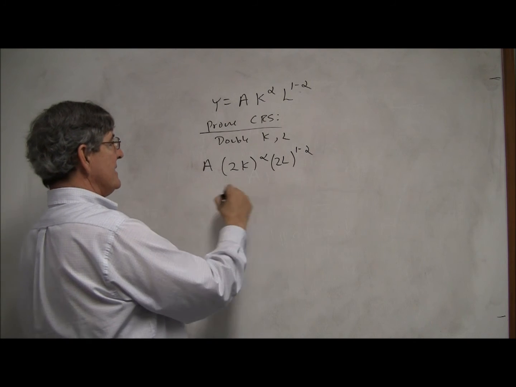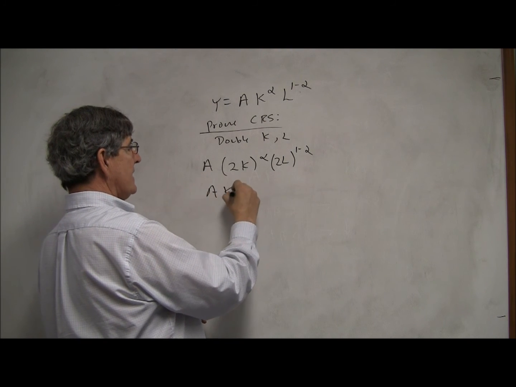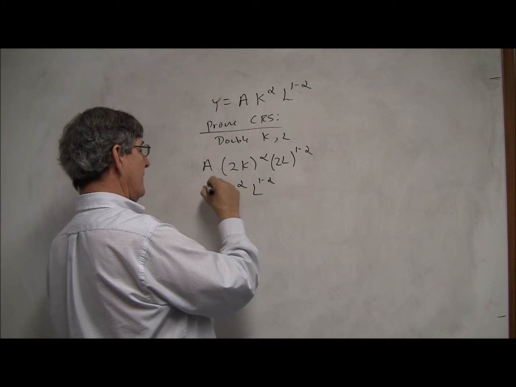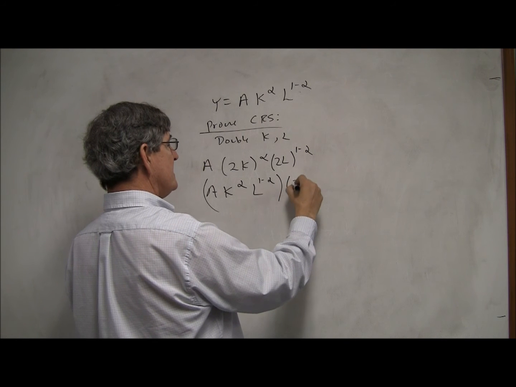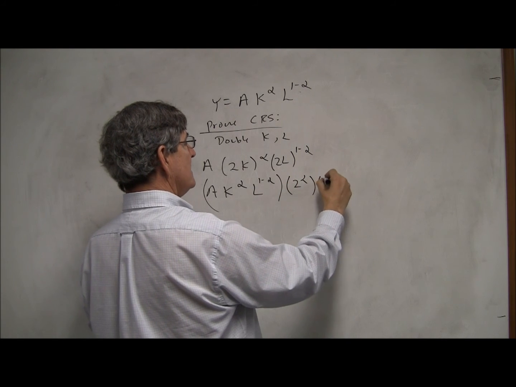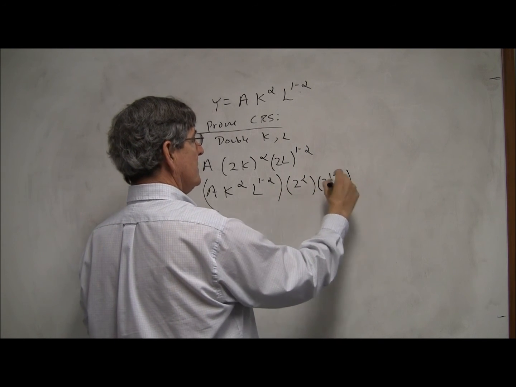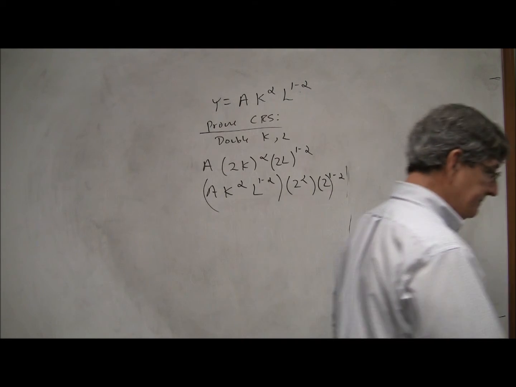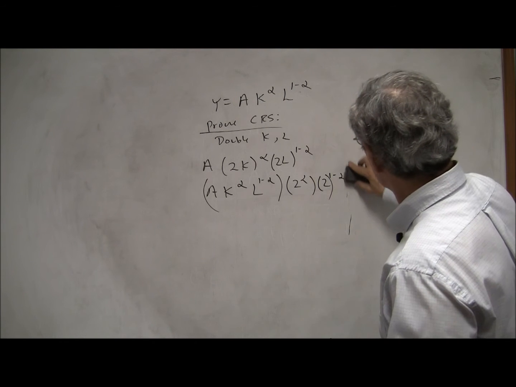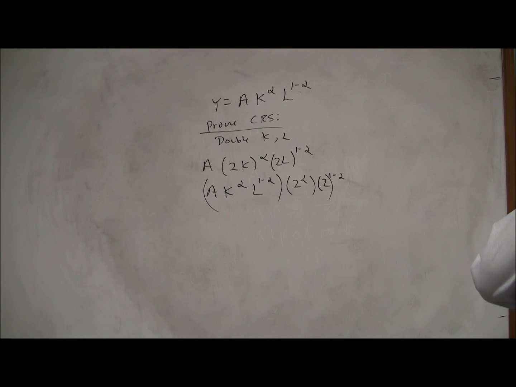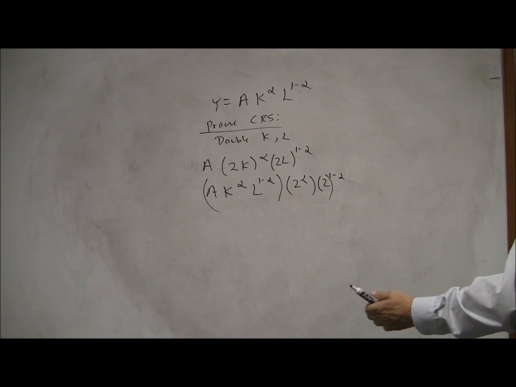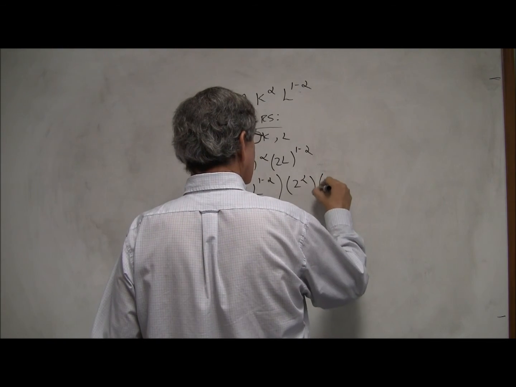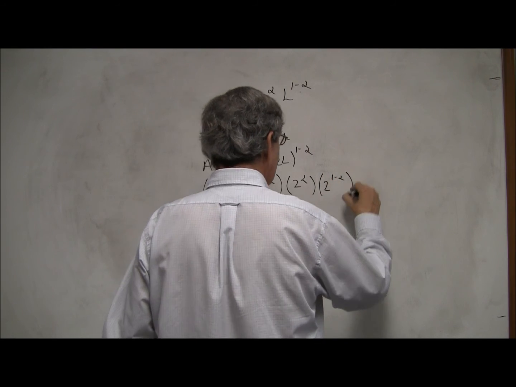I can rewrite this as A times K to the alpha, L to the 1 minus alpha, times 2 to the alpha, 2 to the 1 minus alpha. Let me write them the same: 2 to the alpha times 2 to the 1 minus alpha.